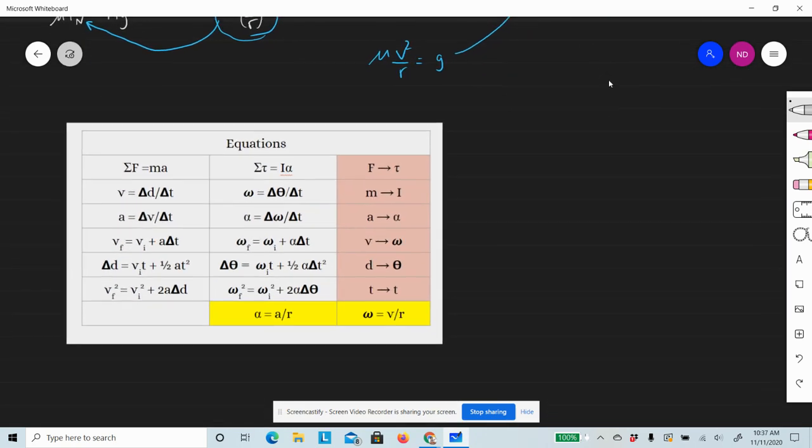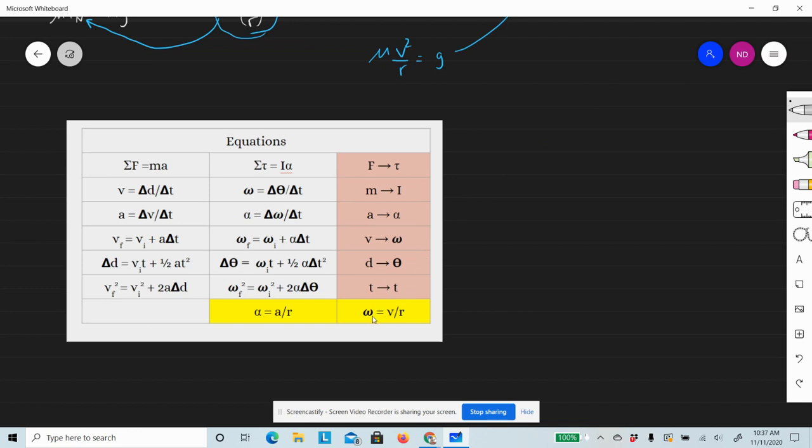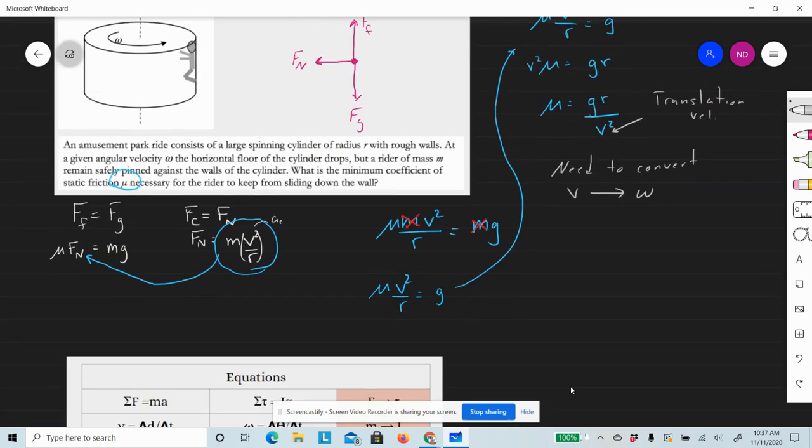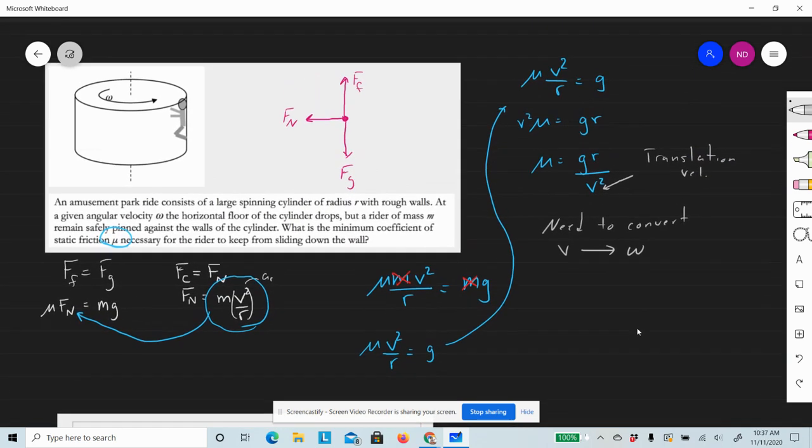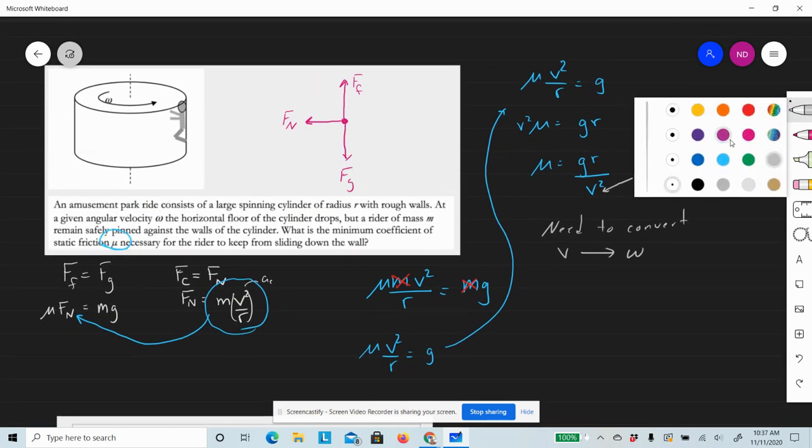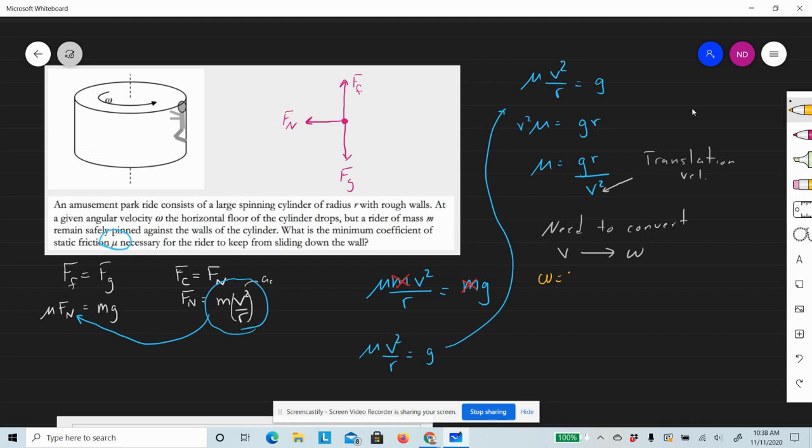You have that tool. Omega equals v divided by r. That's important. Don't forget that. Omega equals v divided by r, or v equals omega multiplied by r.